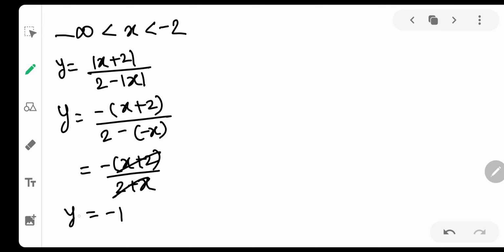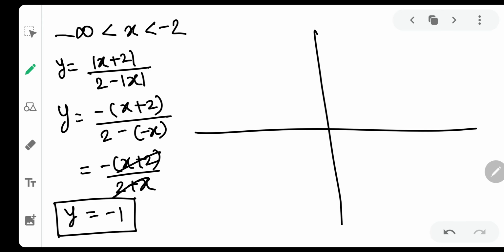and your value of y is minus 1. It means no matter how far you go from minus 2 to the left hand side, your value of y will always be minus 1. Hence your graph will look something like this. This is minus 2 and this is minus 1, and the graph goes like this up to minus infinity.